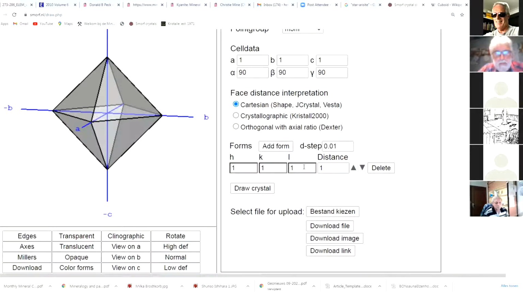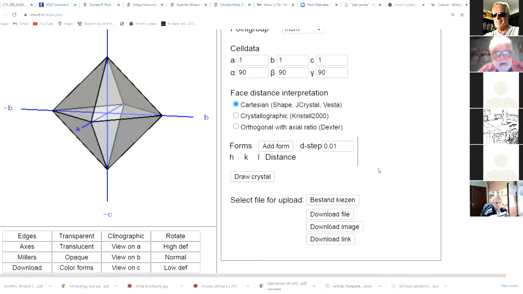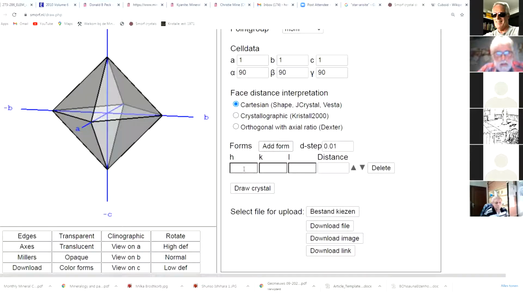111. Okay. So what happens if we take, for example, another form and we say that the face has to cut off 1 unit on the A axis, 1 unit on the B axis, and it has to stay parallel to the C axis.